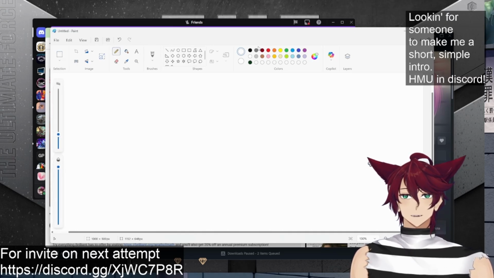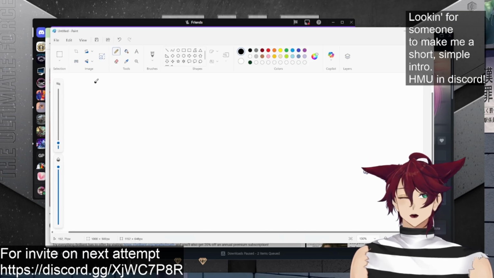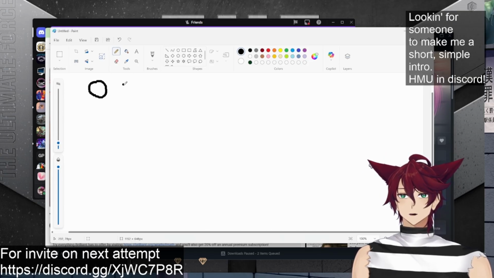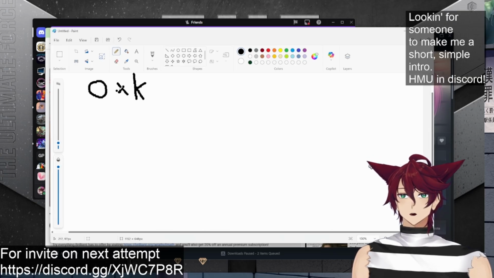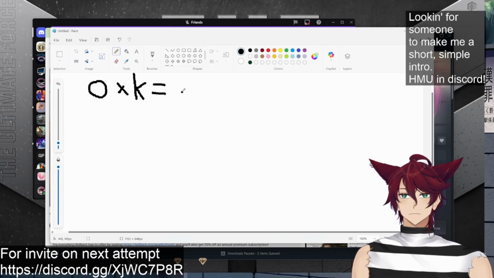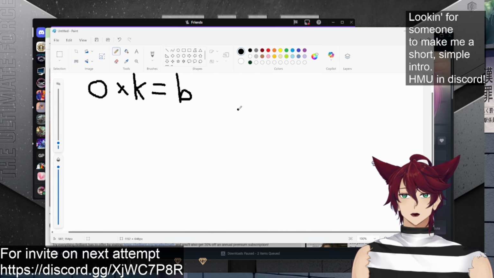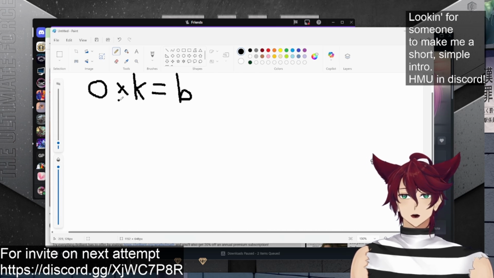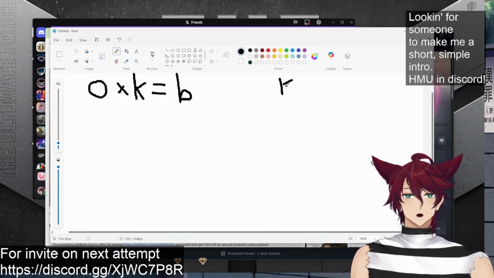Okay, so we'll go here. And we got... Just make this tinier. Alright, so we got 0 times k, and we're gonna not use x because it looks like the times. So we'll use b. So 0 times k, where k is a real number.